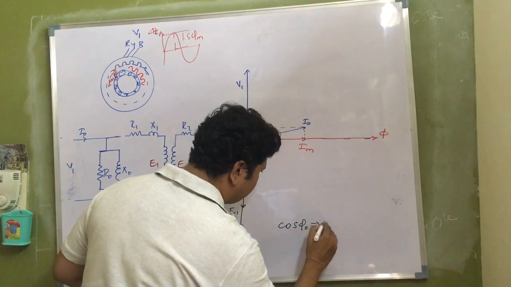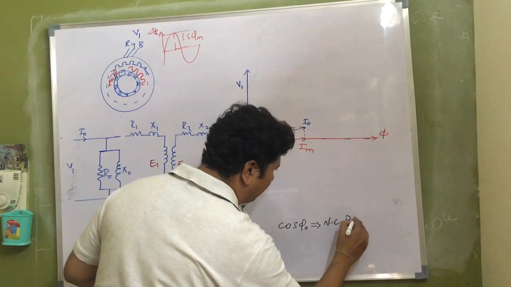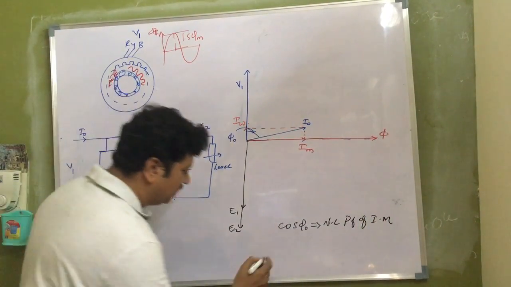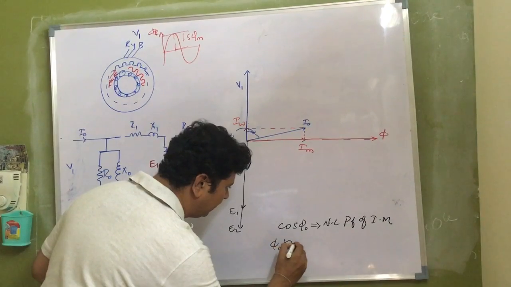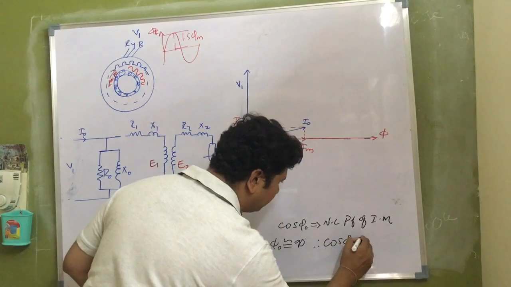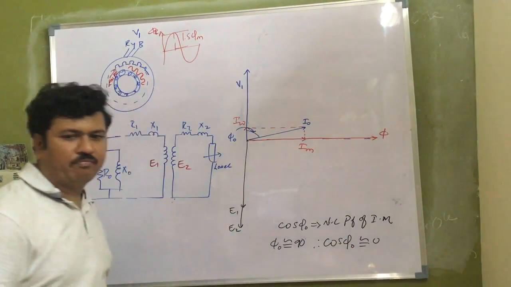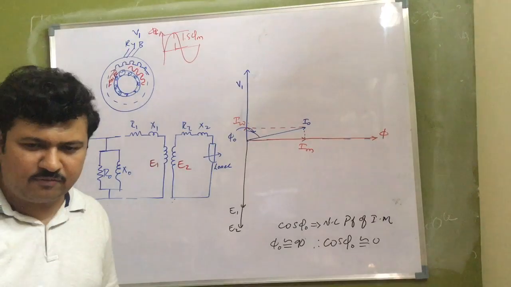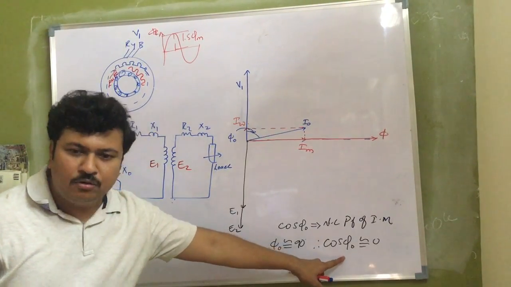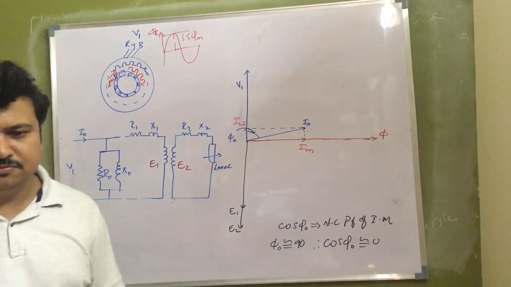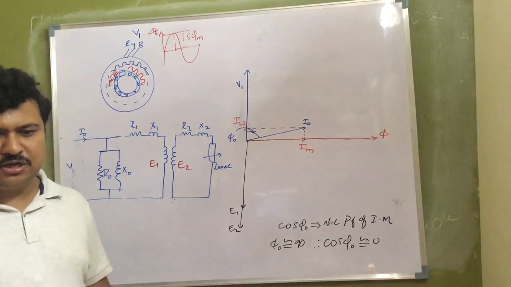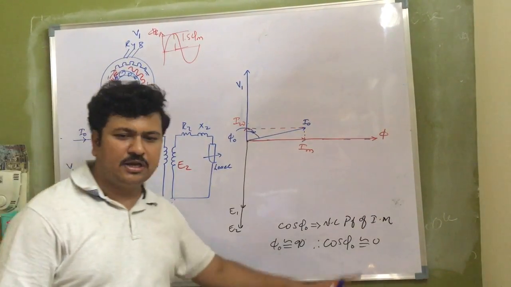Cos phi naught is the no load power factor of the induction motor, and phi naught is nearly equal to 90 degrees. Therefore, cos phi naught is nearly equal to 0. Now you got to know why one of the wattmeters will show negative. Because power factor at no load is nearly equal to 0, and we know that between 0 and 0.5 one wattmeter shows negative. This is the reason why one wattmeter shows negative.